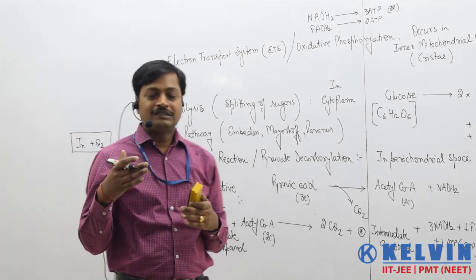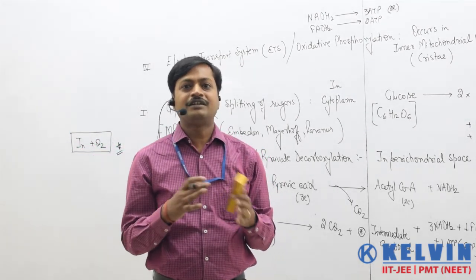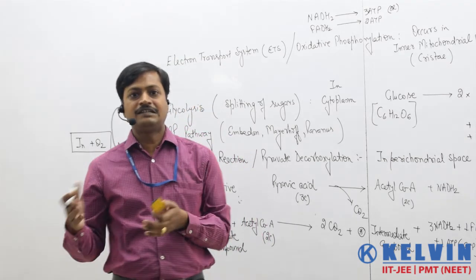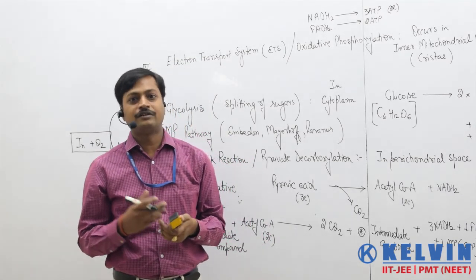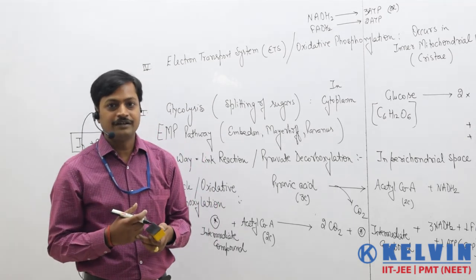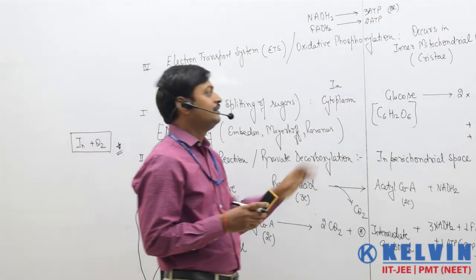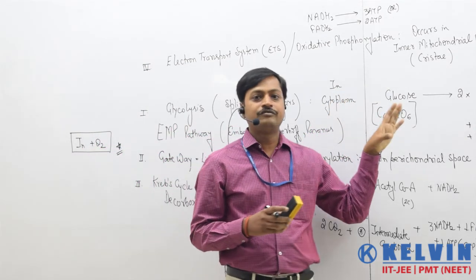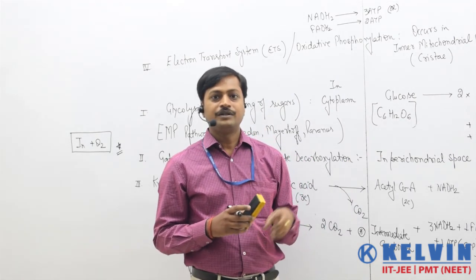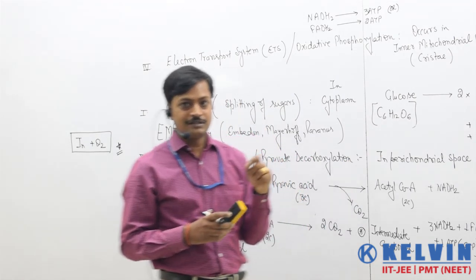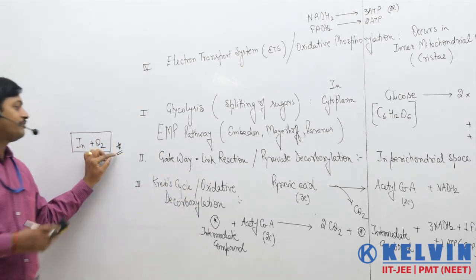we have 36 or 38. What is the difference between 36 and 38? That will be discussed later, because in some organisms the calculation will be 36 and in some the calculation will be 38. But if we summarize, then from one glucose molecule we have 36 or 38 ATP formed during aerobic respiration. That is the most important thing, because we have a condition here.